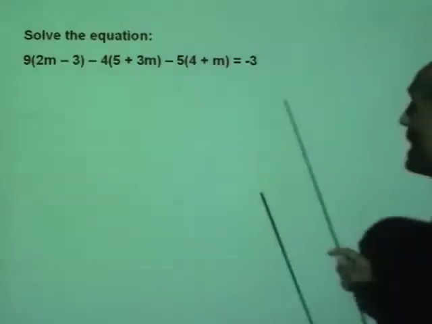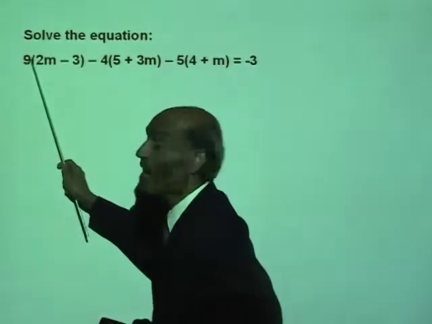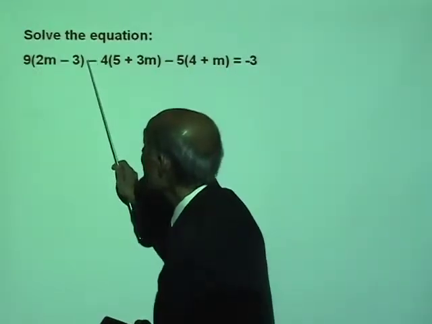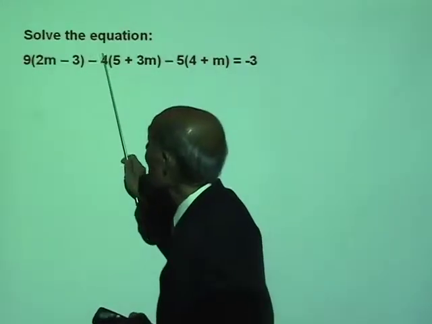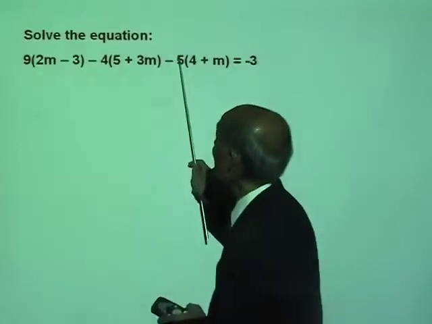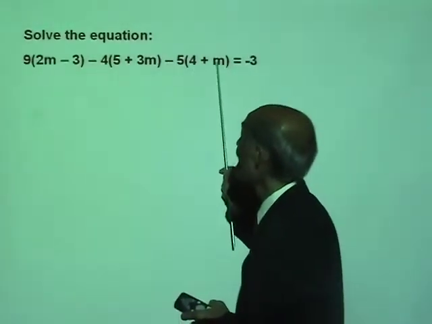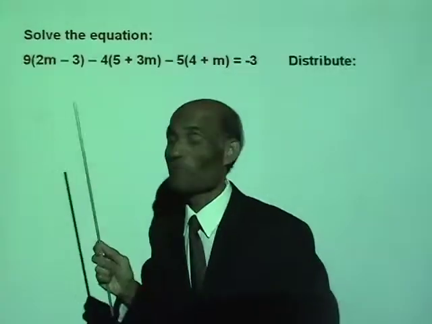Okay, again we distribute this 9 inside the first parenthesis. Distribute the negative 4. What's the sign again? Distribute the negative 4 inside the second parenthesis. Distribute the negative 5 inside the third parenthesis. Can you do that without my help?